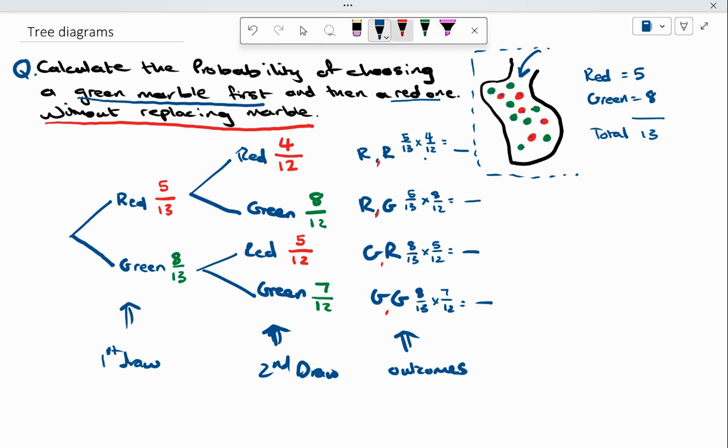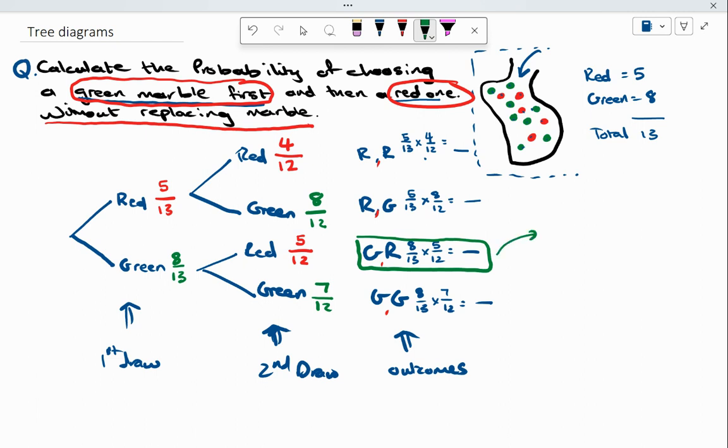Now we are interested in a green marble being chosen first and then a red one. So that means we want this probability over here only. We don't have to calculate all the probabilities. We can go straight to the answer. The probability of choosing a green and then a red is equal to 8 over 13 times 5 over 12.